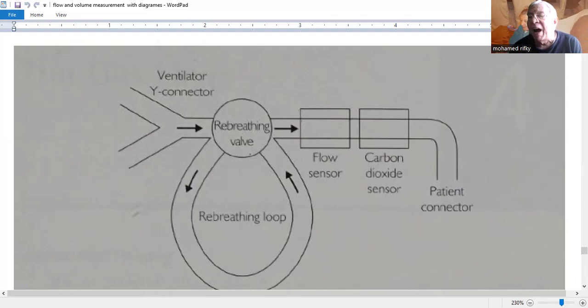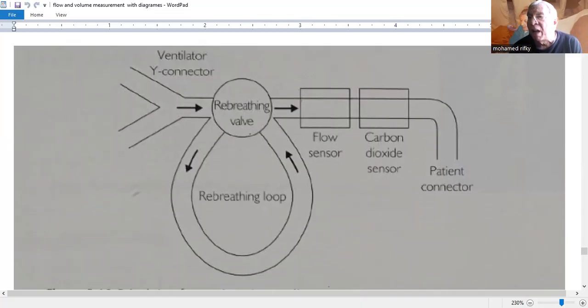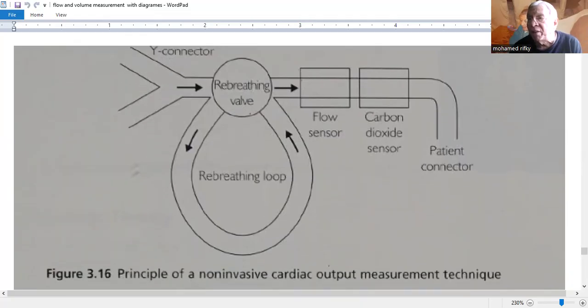From these figures, I can estimate the cardiac output non-invasively, because this will give me the flow of carbon dioxide, and the end-tidal will give me the comparable arterial carbon dioxide.